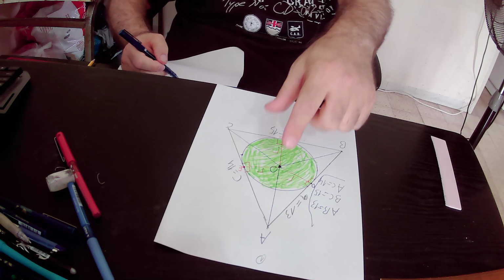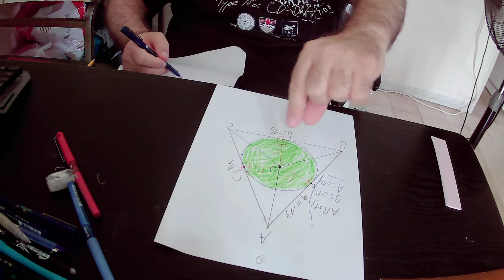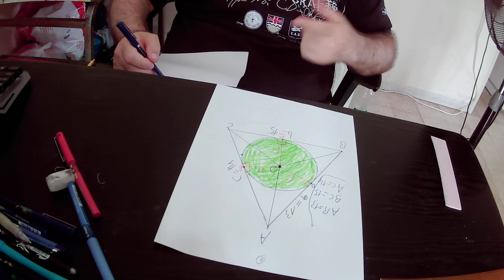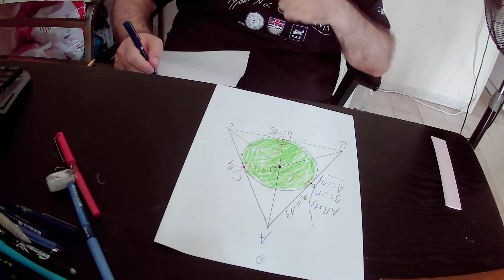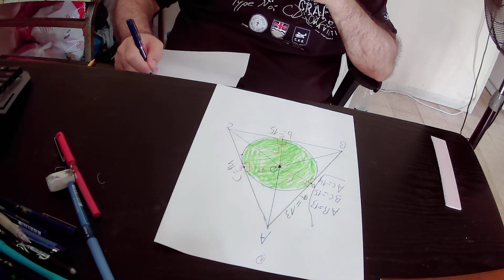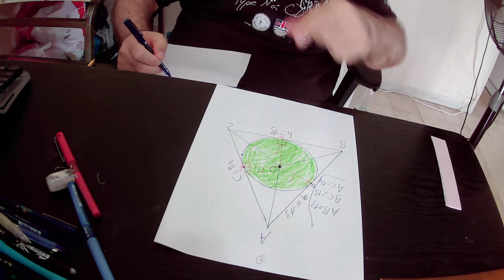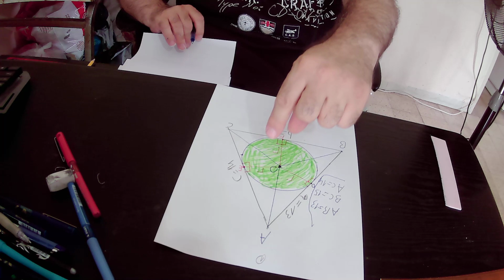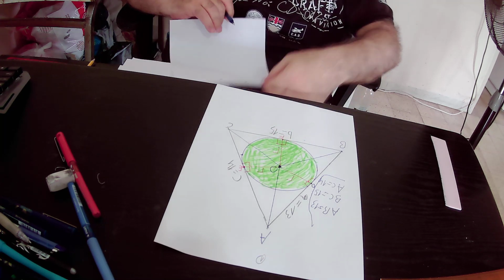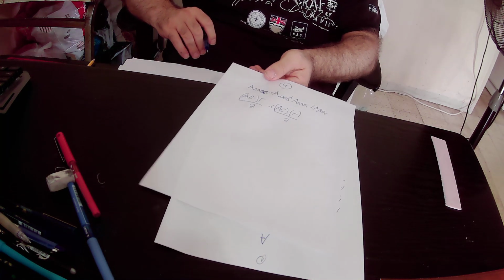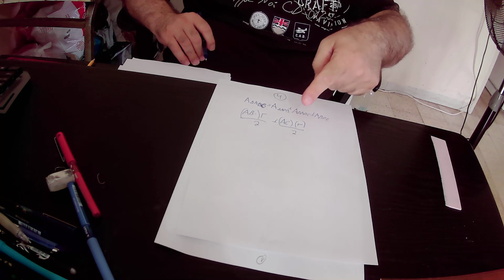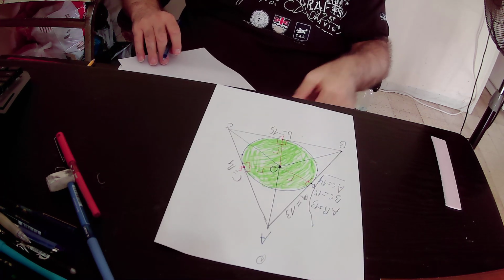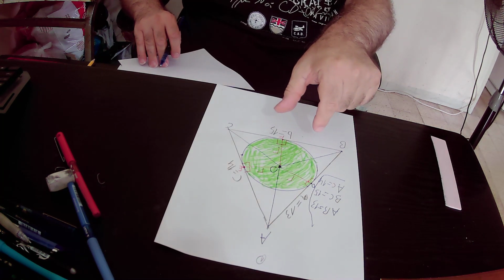The height of triangle AOC is the radius, because the radius creates 90 degrees with the base AC. So the area of triangle AOC equals AC times the radius over 2.